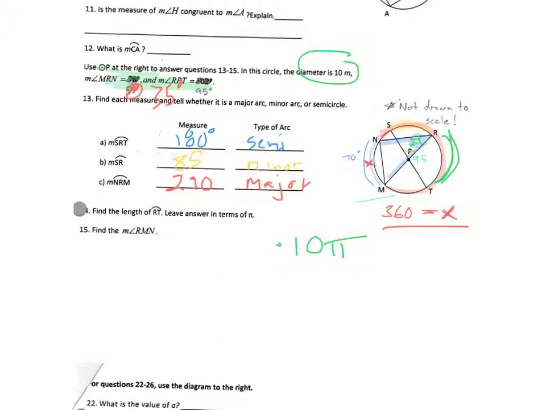But it needs to be multiplied by the fraction of the circumference that we're dealing with. So in this case, RT, what fraction of the circle is that? When in doubt, just put it over 360. The arc has to be 95 because it has to match that central angle. So 95 over 360, divide that and then multiply it by 10 pi. In terms of pi, you're just going to get 2.6 pi.